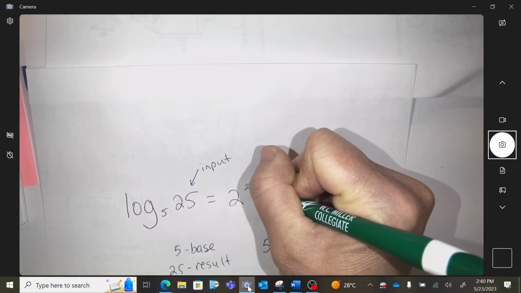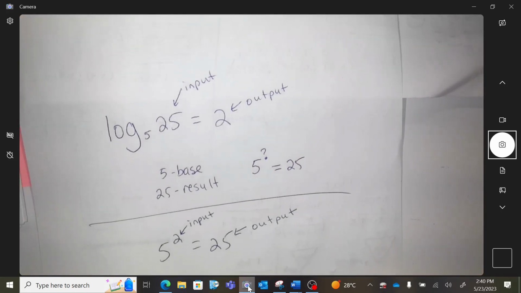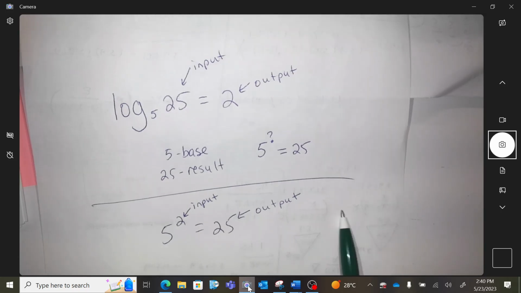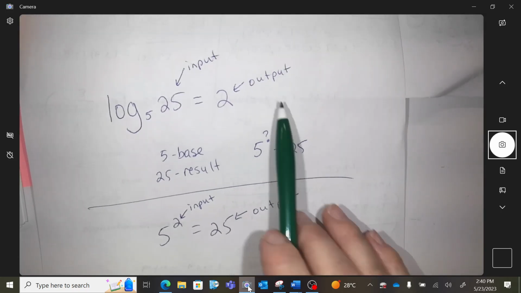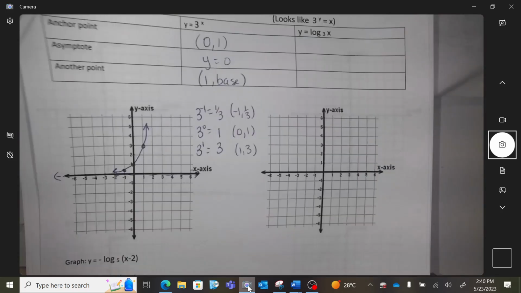Input, and my answer, which is the exponent, is the output. So I'm always just flip-flopping my brain around those ideas. And your brain really likes to think this way, input, output, but now you're going to have to go backwards with that. Okay, so that's all logs do to exponentials, is flip-flop that idea.